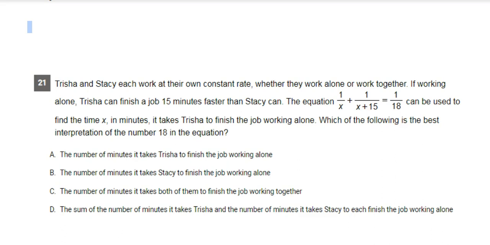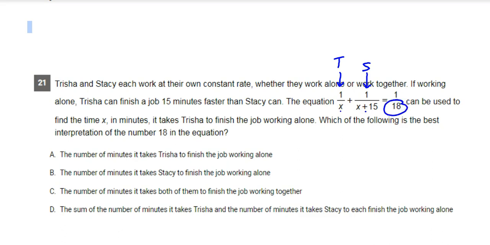This one, the x is in a little different spot because they were trying to find out what Trisha did. So Trisha's 15 minutes faster than Stacy. So this represented Stacy, and this was Trisha. So we didn't know how much Trisha was. We knew that Stacy was 15 more than Trisha.